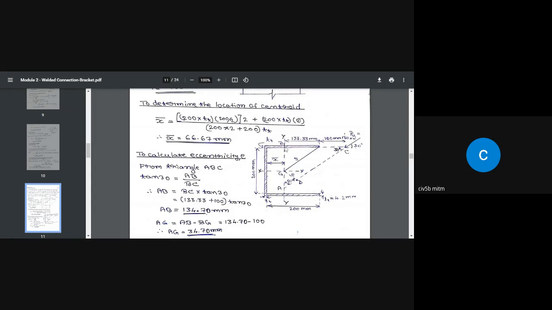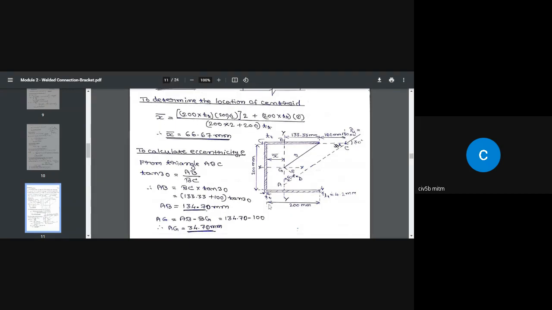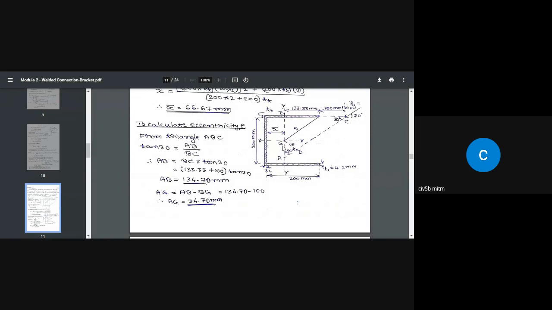Tan 30 equal to AB divided by BC. That way we can find out what is AB. So I got the value of AB equal to 134.70 millimeter. Once you have AB, we can find out what is AG. AG is AB minus BG. What is BG? 200 divided by 2. That way AG equal to 34.70 millimeter. Then why do we need that AG first of all?